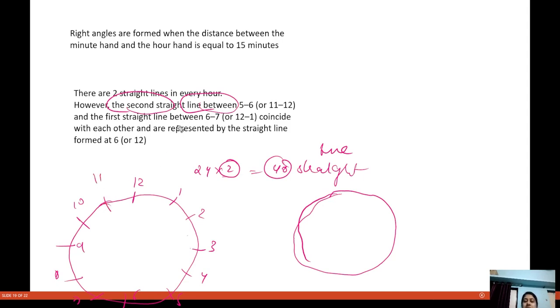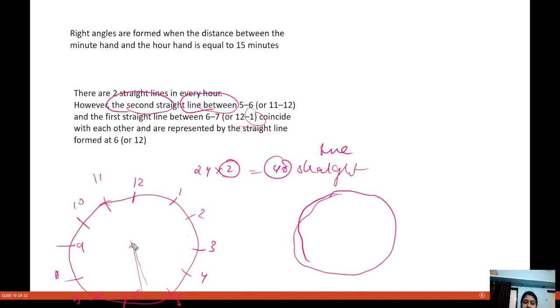Now it is saying the second straight line between 5 and 6. Now see, one straight line you will have when, let us say, our hour hand is somewhere here and the minute hand is also somewhere here.